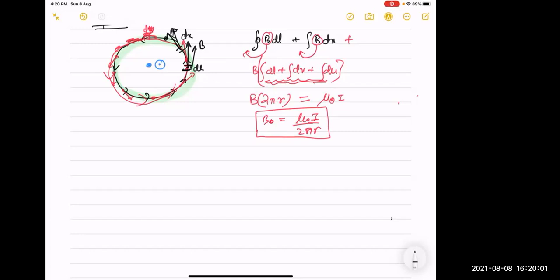What is the ratio? Ratio nikalo, Anushka. Oh, yes, yes.